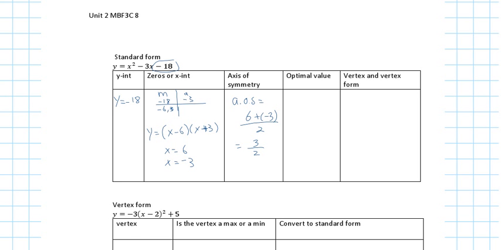All right. How can I find the optimal value? Plug 3 over 2 into the equation. All right, so let's do that. I have 3 over 2 squared minus 3 times 3 over 2 minus 18.